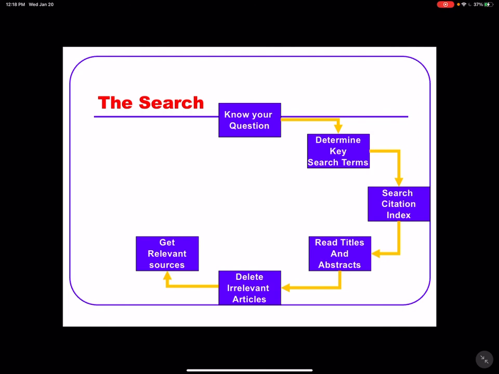Then you're going to get the sources, and nowadays it's as easy as clicking a button. Most of the articles that we need to use can be downloaded if you go in through the UH Manoa Library site. There are other ways to get those articles. If they don't have them at UH Manoa, you can try an interlibrary loan. And one of the links that I put up for the library guides shows you how to do that. But that can take a couple weeks.